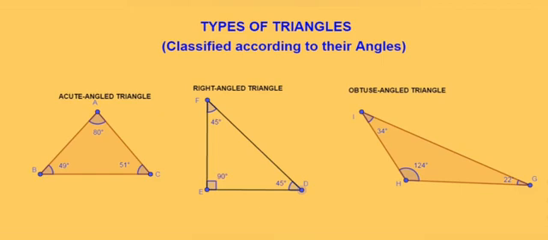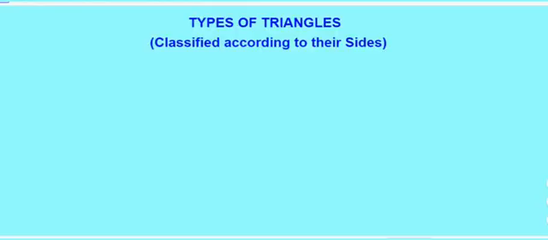Okay, clear? Good. Next, types of triangles classified according to their sides. Let us look at this triangle ABC. Now I am taking the measurement of each side.